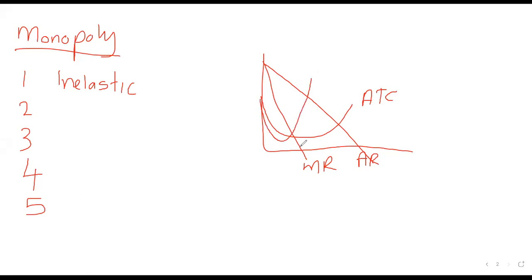So where the marginal cost meets the marginal revenue here, this is where we maximize the profit. So they make what we call abnormal profits in the short run. Okay.